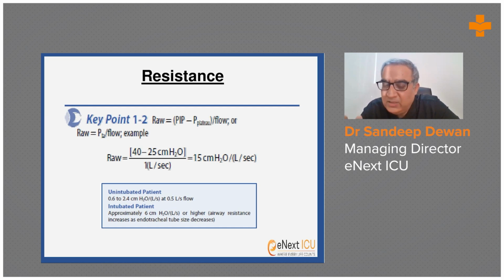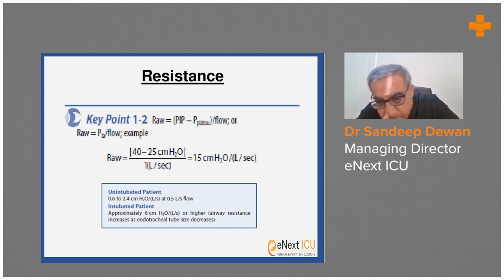Let's assume, and all these numbers are given on the ventilator, if you have a PIP of 40 and a P plateau of 25, then your resistance is 15. The normal resistance of an unintubated patient is about 0.6 to 2.4 centimeters of water per liter per second.